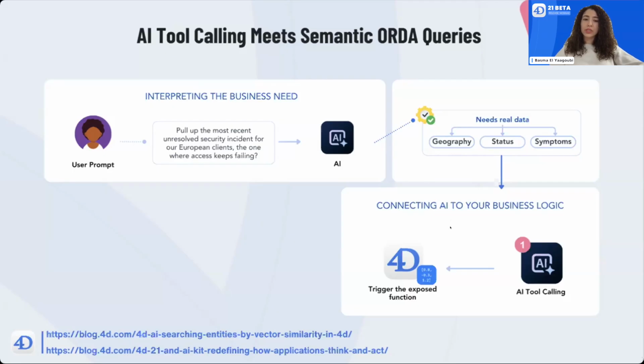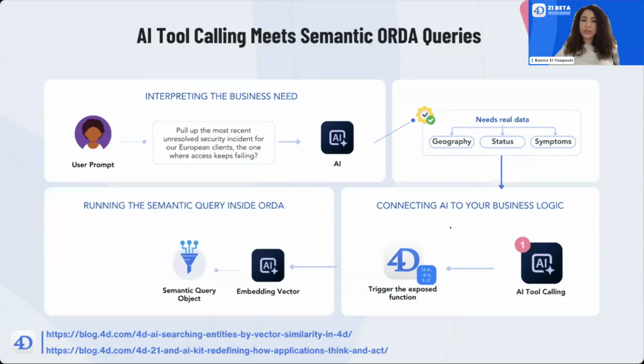Yet one question remains. Which incidents is the user talking about here? They did not give an ID, they gave context, they described a situation. Now here, semantic queries resolve this gap by turning that description into the closest match within your ORDA model.